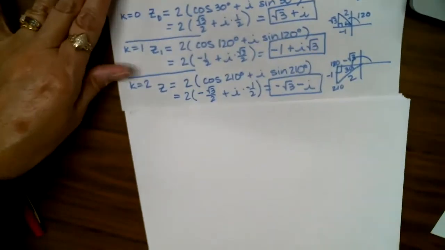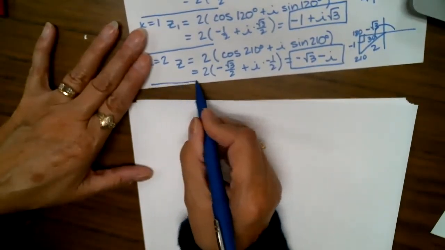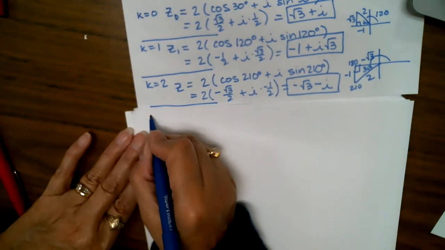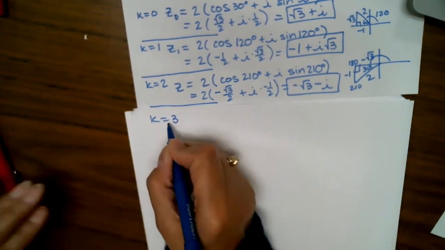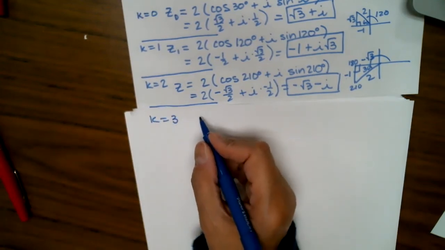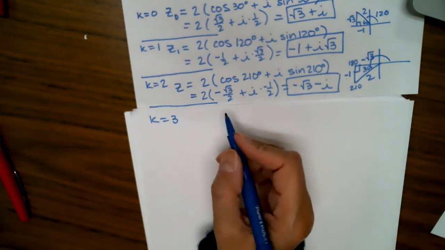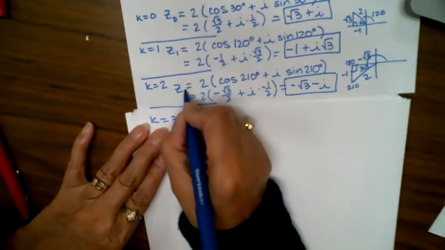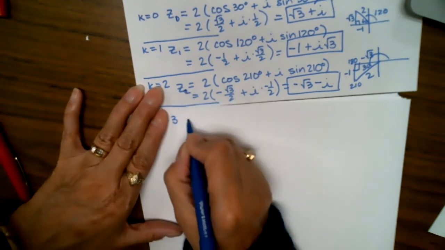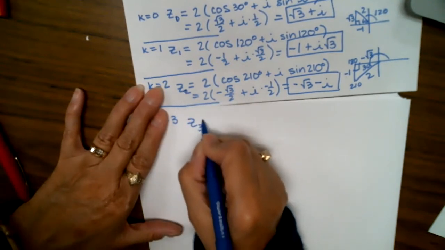We've got one more. Let's let k equal 3 to get our last answer. If k equals 3, all we have to do is add 90 to that last one. So this is z sub 2, and this is z sub 3.